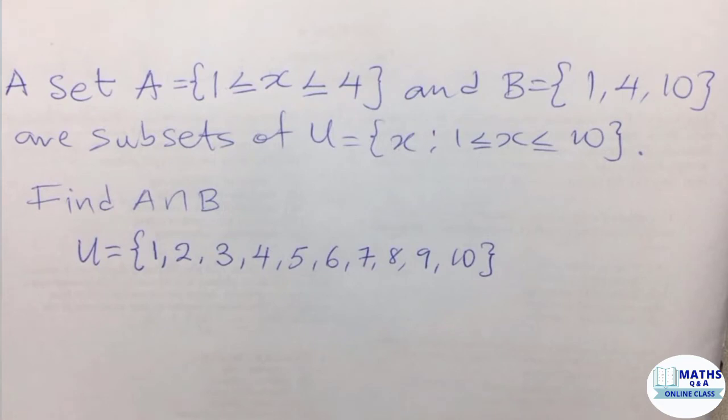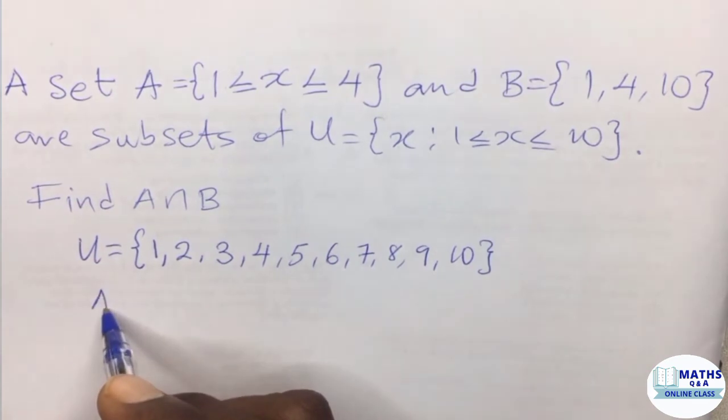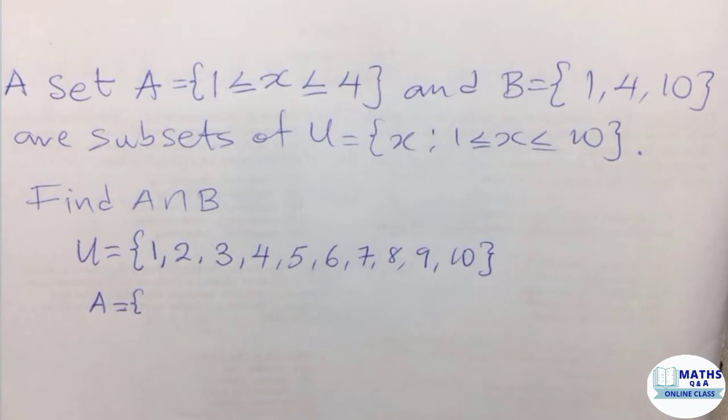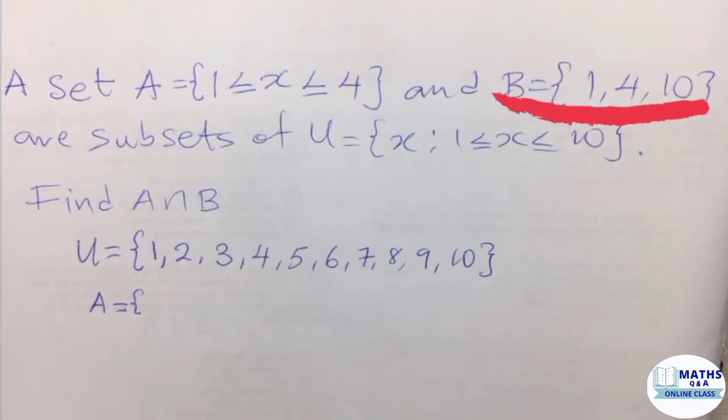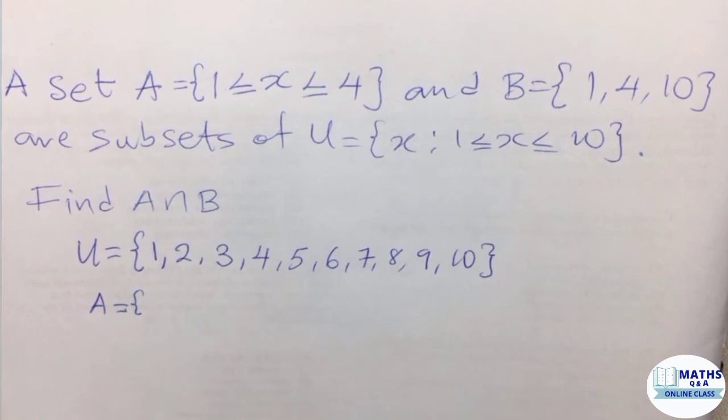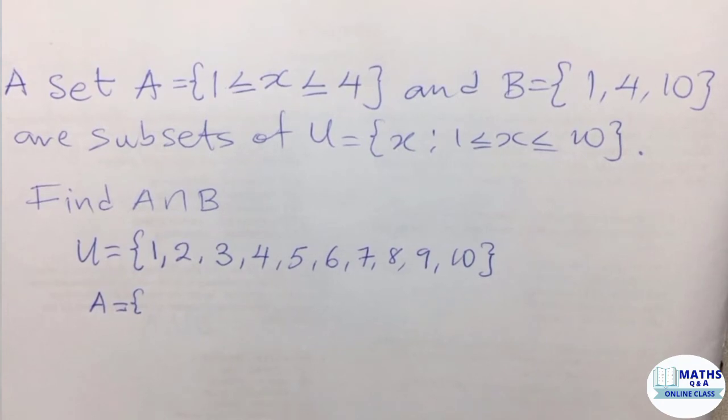Then the next thing that we have to do is to list the elements in the set A. Since it's also given in set builder notation form, we are not going beyond the universal set, because we're saying that A and B are subsets of the universal set. And the set A is the element of x which is greater than or equal to 1 and x less than or equal to 4.